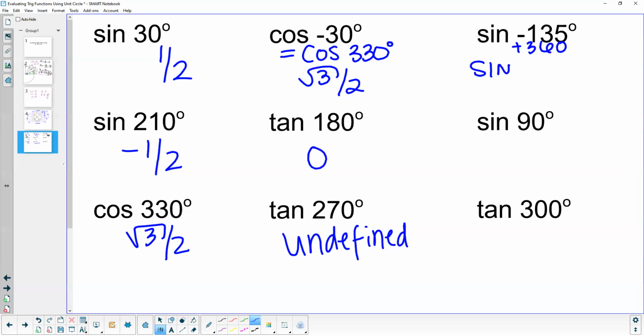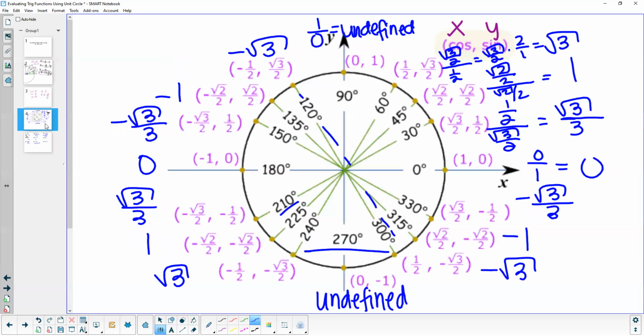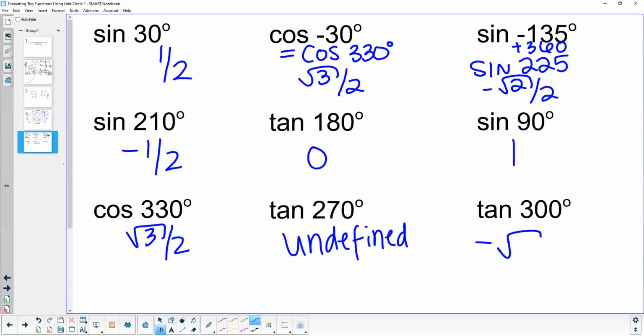And that's the same thing as the sine of 225. And the sine at 225 is negative root 2 over 2. The sine at 90 degrees is going to be 1. And then lastly, our tangent at 300 degrees, if we go back to our unit circle here and find 300, our tangent is going to be negative root 3.